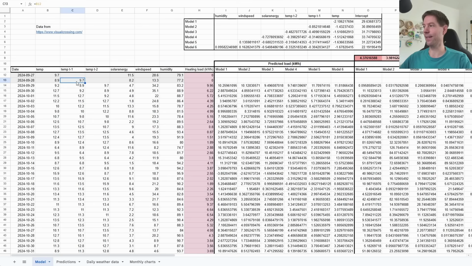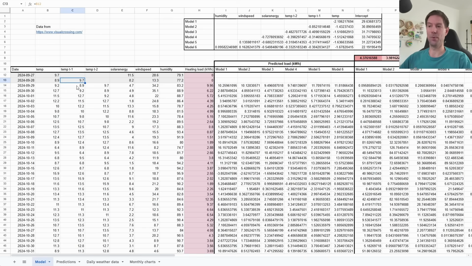Hopefully that makes sense. Basically because I believe that the temperature on the previous day is also important because of what's called thermal inertia. Basically your house acts as a sort of heat sink, and if the temperature today was cold but yesterday was quite mild, that means the outside of your house is effectively slowing down the loss of heat from your house a little bit, because it's a little bit warmer than you would normally expect based on today's current temperature.